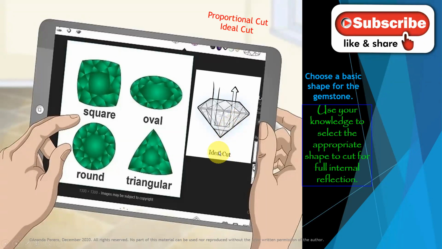That is called ideal cut. Now choose a basic shape for the gemstone out of these shapes. Use your knowledge to select the appropriate shape to cut for full internal reflection. Then this is proportional cut, ideal cut. I am teaching to get this ideal cut only. If not ideal cut, the prices go very low.